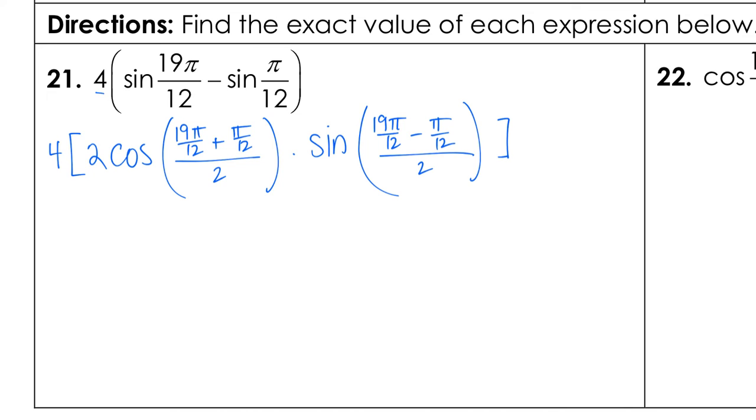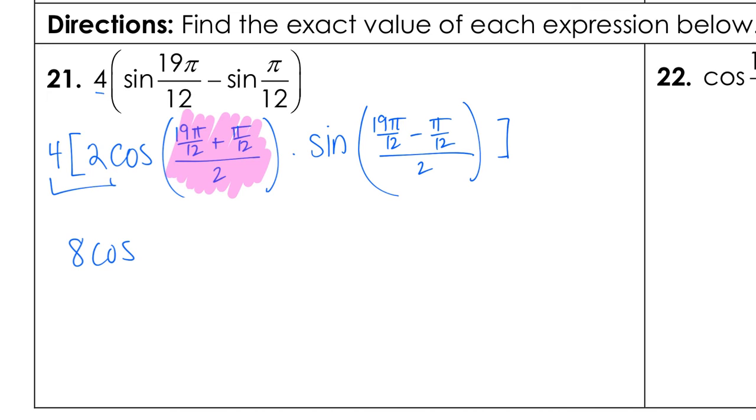Okay, so let's simplify what is inside those parentheses. Well, 4 times 2 is 8. Cosine. So everything in this parentheses here, I know that the numerator is going to be 20 over 12.